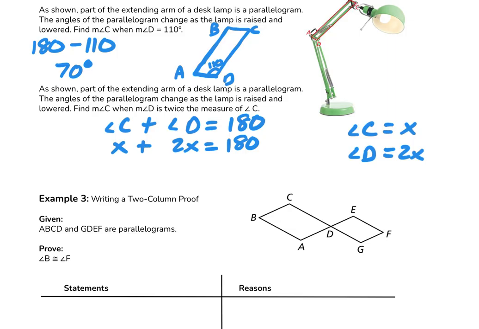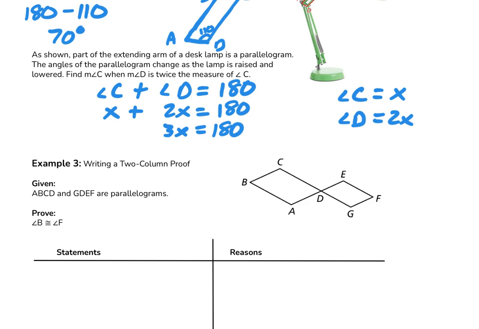You get 3x. And then we divide by 3, and we get x equals 60. Okay, so that means angle C is 60 degrees. So then what would angle D have to be?